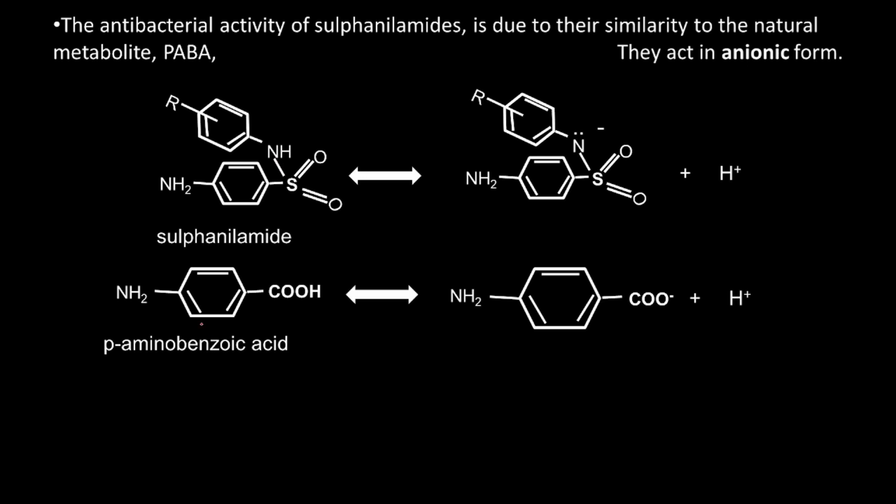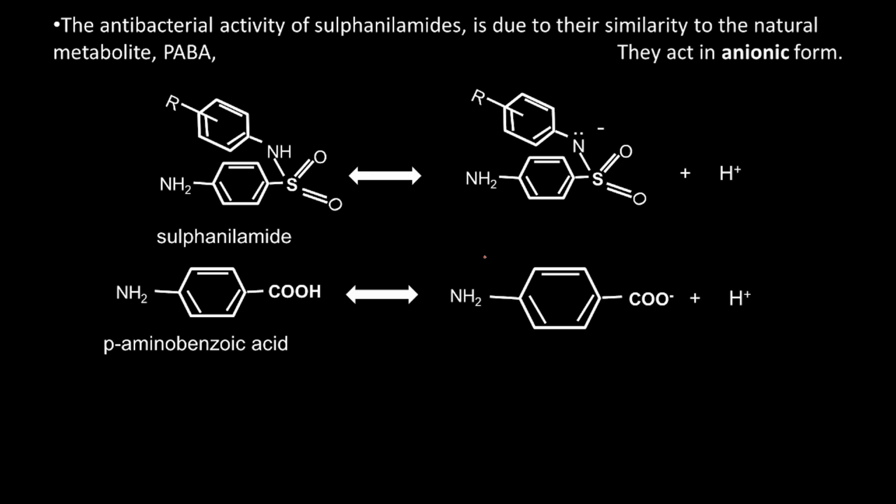Because if you look at para-aminobenzoic acid, which is the substrate for bacteria, these sulfur drugs also look similar to that. So there is a competitive inhibition happening, and hence the sulfur drugs act. So the anion form is the active part, not the neutral form. That means we need to have this dissociation taking place.